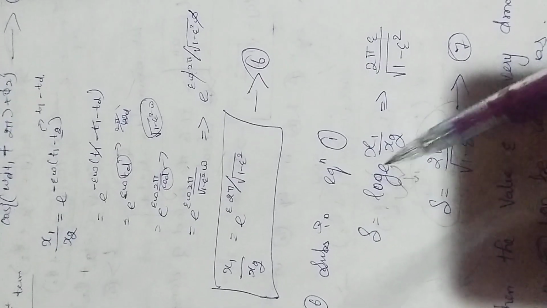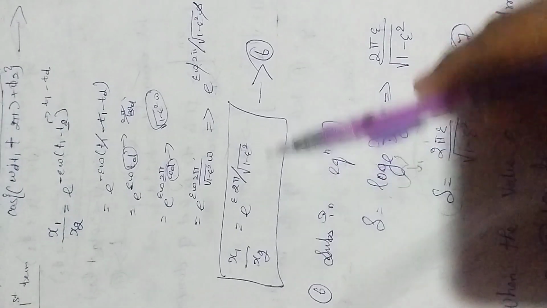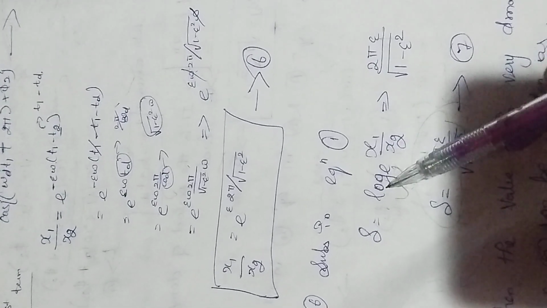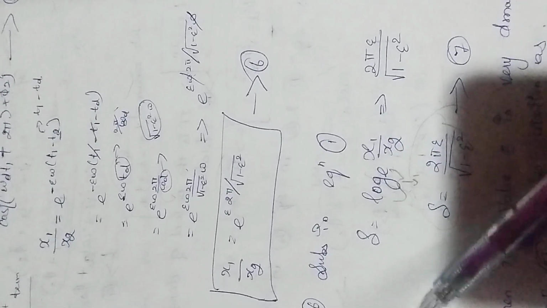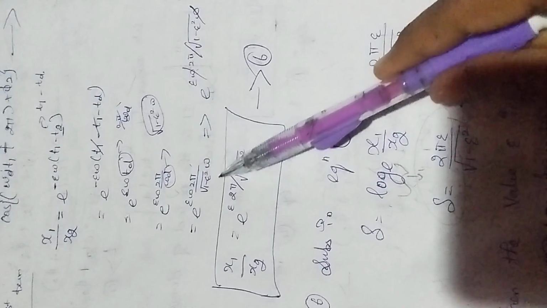So for the log of x1 over x2, we have to take this term only, not the second term. Logarithmic and exponential cancel, which is 1. So we get only the power here.